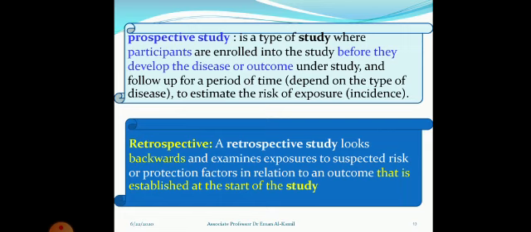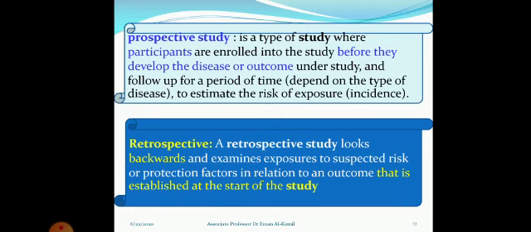Another important terms are prospective study and retrospective study. The prospective study, from its name, pro, in the future, is a type of study where participants are enrolled into the study before they develop the disease or outcome under study, and followed up for a period of time, depending on the type of disease, to estimate the risk of exposure or the incidence of the disease after exposure.